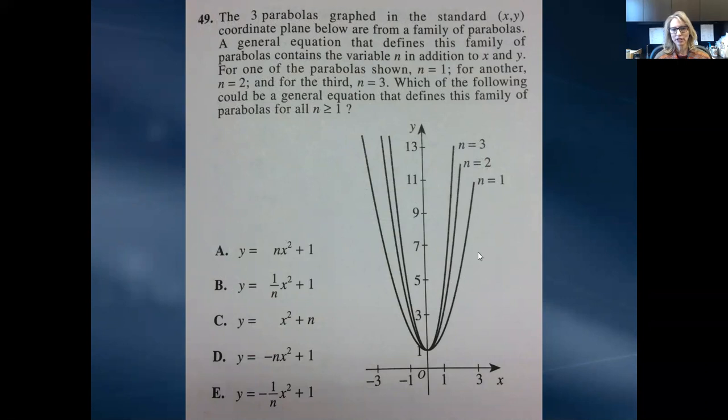So it's working just like we saw earlier. If we look at our answer choices, we know that it's going to have a y-intercept of 1, so we can eliminate choice C. We know that it opens upward, so we can eliminate choices D and E. So we're only really looking at choices A and B. Since it follows the standard form and it's getting narrower as n gets greater, we know that this is the right formula, y equals nx squared plus 1.